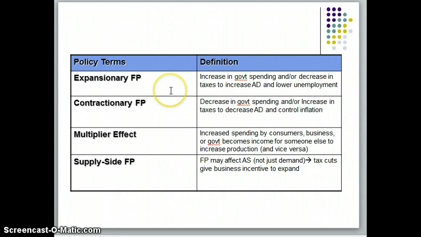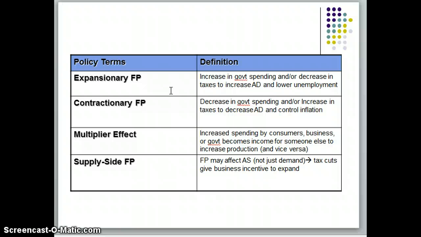So expansionary fiscal policy, I always think of an accordion player expanding the accordion. And that is when the government increases government spending and also decreases taxes to try to increase aggregate demand throughout the entire economy and thus fight a recession and lower that unemployment.